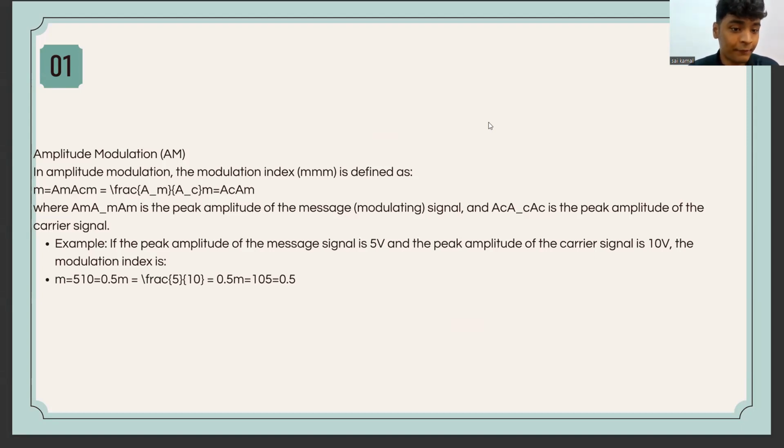For example, if the peak amplitude of the message signal is 5 volts and the peak amplitude of the carrier signal is 10 volts, then the modulation index will be 5 divided by 10, which is 0.5. As you can see on the screen, at the end we have 0.5. So this is known as the amplitude modulation index.